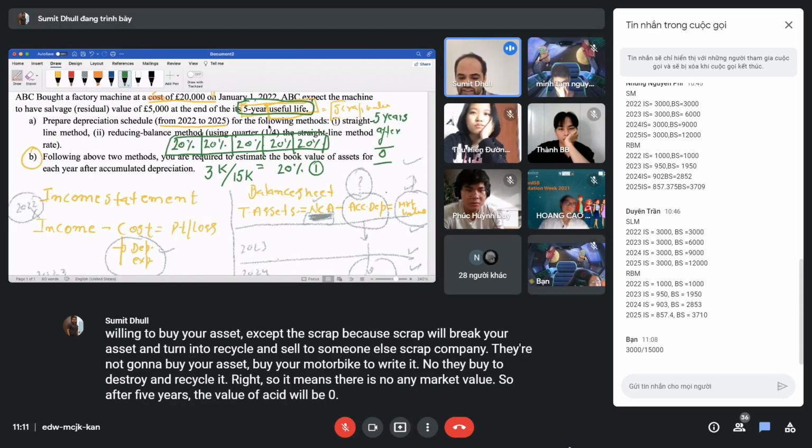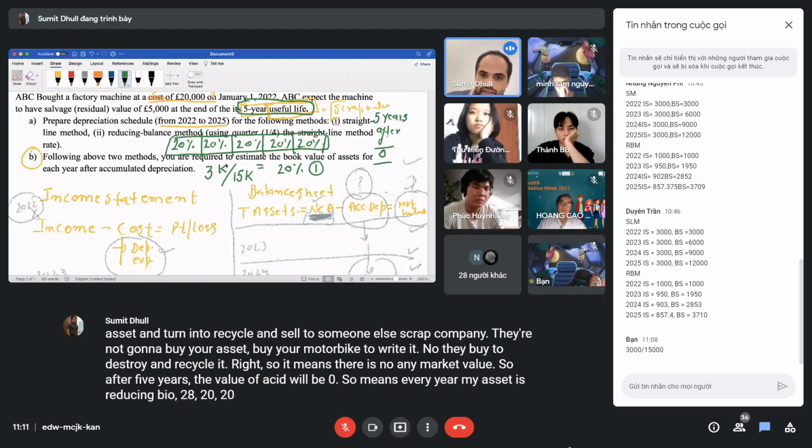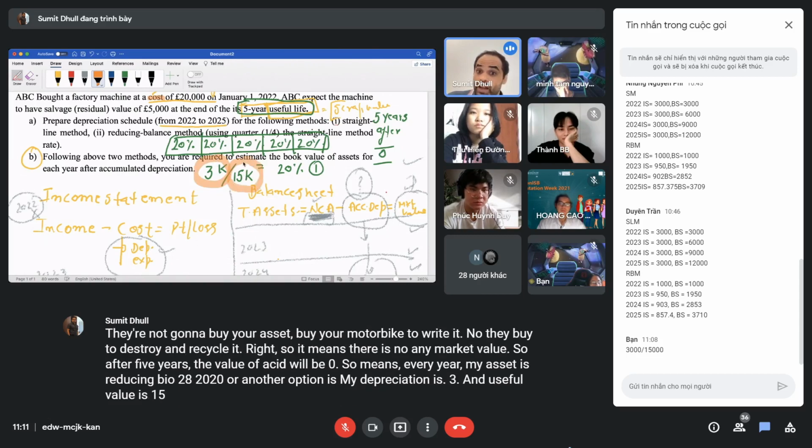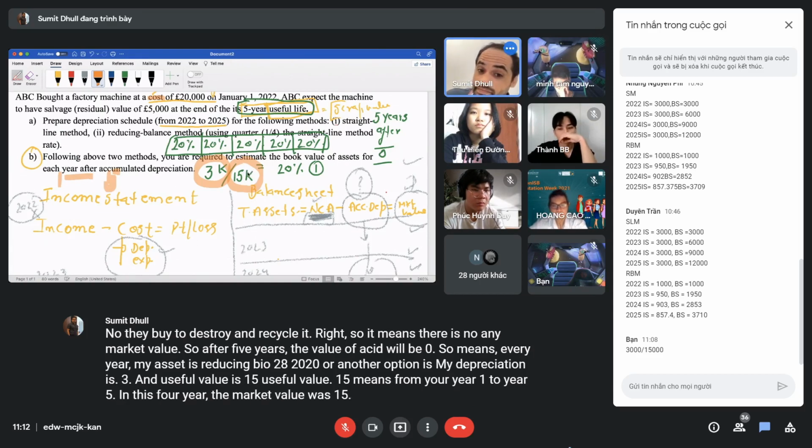So every year my asset is reducing by 20, 20, 20, 20. Or another option is my depreciation is 3 and useful value is 15. Useful value 15 means from year 1 to year 5, the market value reduced by 15, right? You understand that?